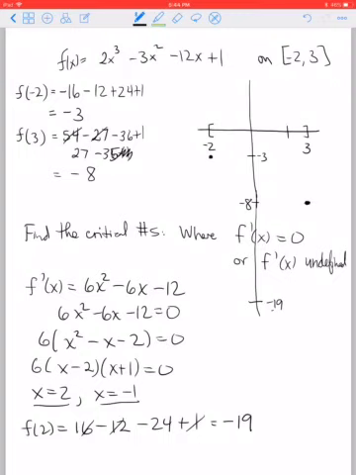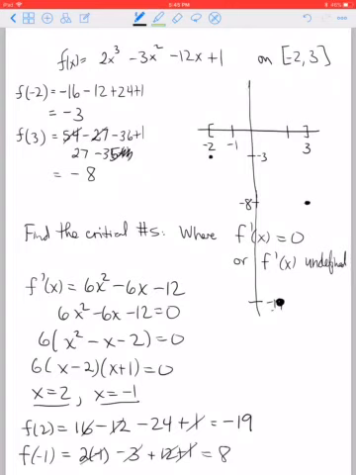And so at 2, our graph is going to be way down here. And then what about at negative 1? Well, f of minus 1 is going to be 2 times negative 1 minus 3 plus 12 plus 1. So we check that's going to be 13, minus 3 is 10, minus 2, that's going to be 8.